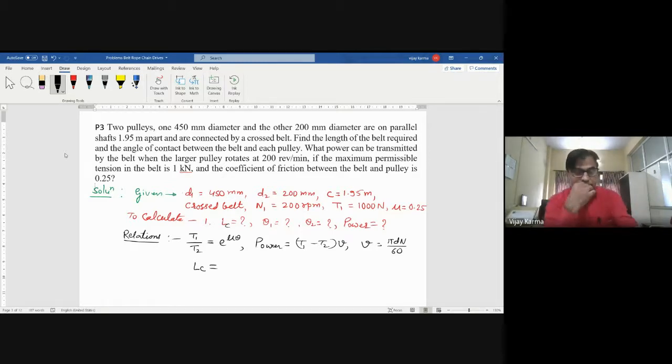So that relation is pi into (R1 plus R2), plus 2 times the center distance, plus (R1 plus R2) whole square divided by the center distance.